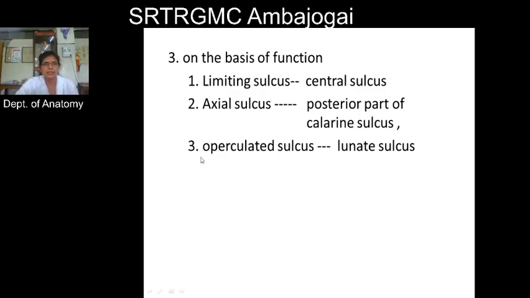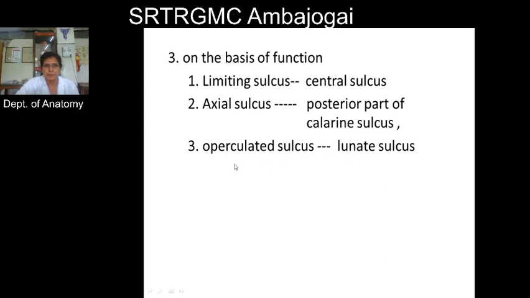And the third type of sulcus on the basis of function is the operculated sulcus, and an example of this is the lunate sulcus, and we have seen that the lunate sulcus is present on the superolateral surface just in front of the occipital pole.